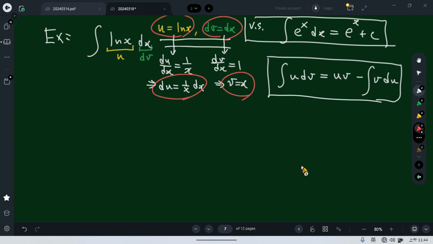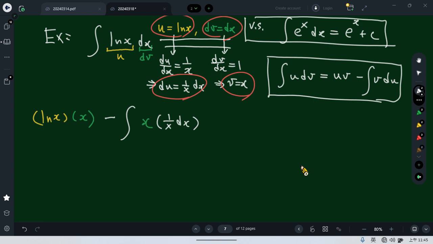Following the formula, we get ln x as u times v, x, minus the integral of v times 1 over x dx.